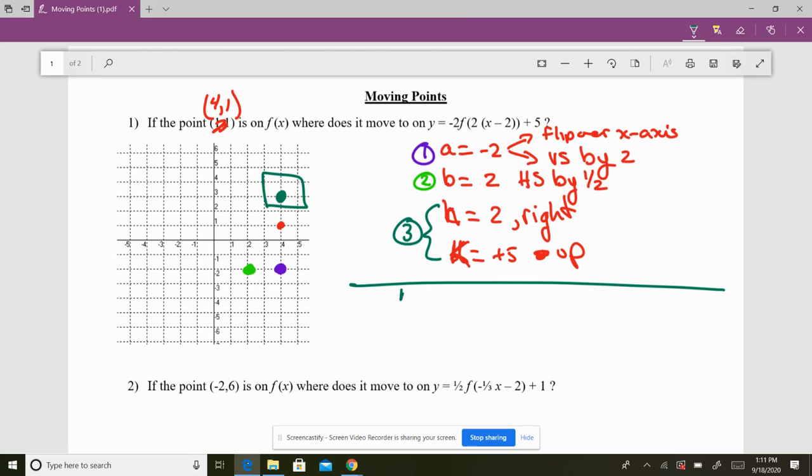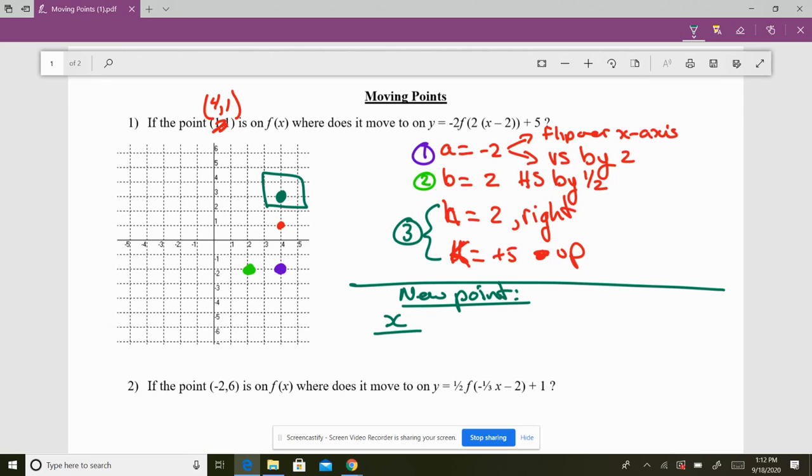for your new points. So the new point, all right, the X value. What letters affect the X value of A, B, H, and K? Does A affect the X value? B and H. Yeah. Which do you do first, B or H?